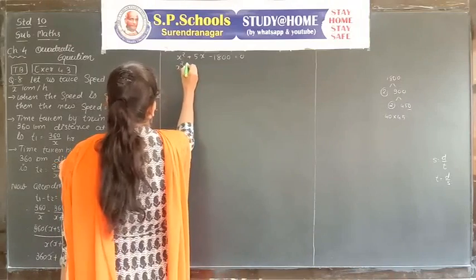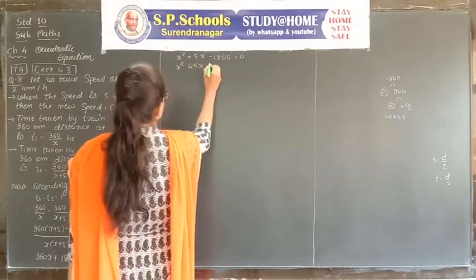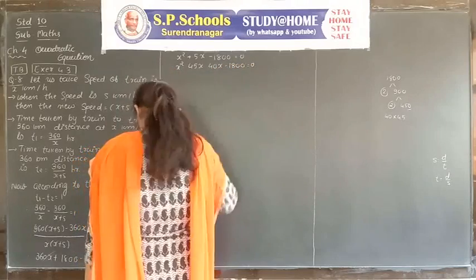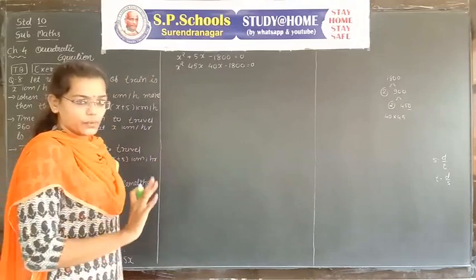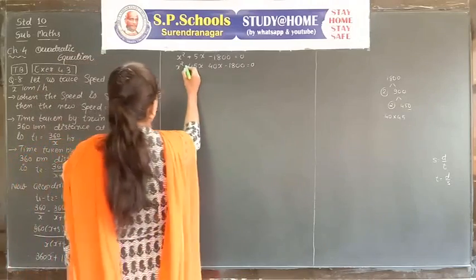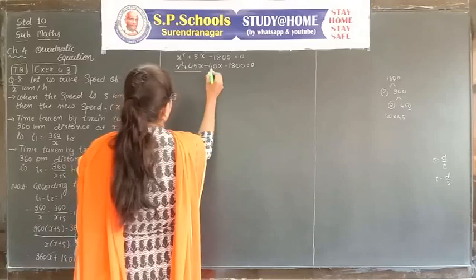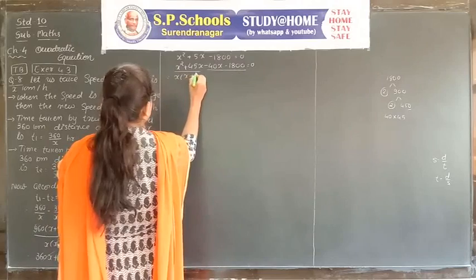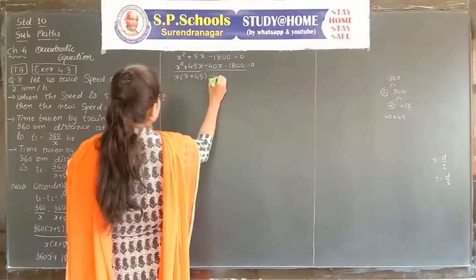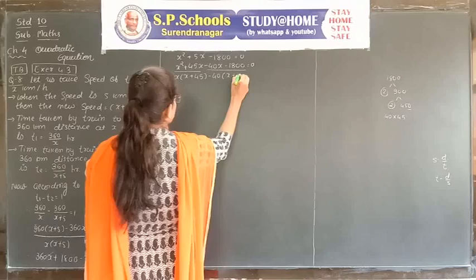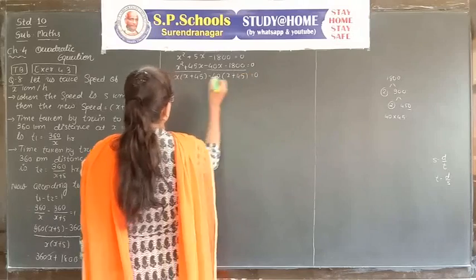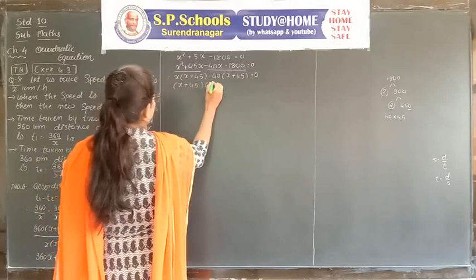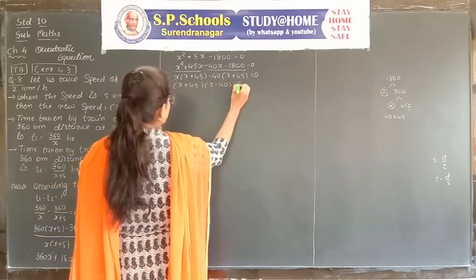That is why x square plus 45x minus 40x minus 1800 is equal to 0. You can also use the quadratic formula to solve this equation. Pair the first two terms and the last two terms. x is common, and x plus 45 is common, so we get x plus 45 into x minus 40 is equal to 0.